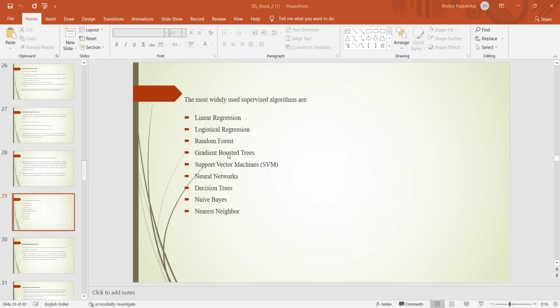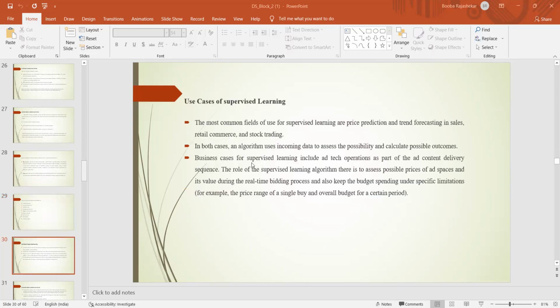The use cases of supervised learning algorithms: the most common fields of use are price prediction and trend forecasting in sales, retail commerce, and stock trading. In both cases, the algorithm uses the incoming data to assess the probability and calculate the possible outcomes.